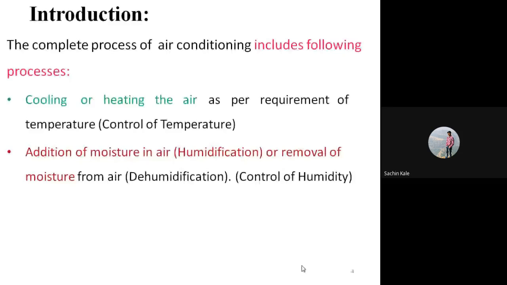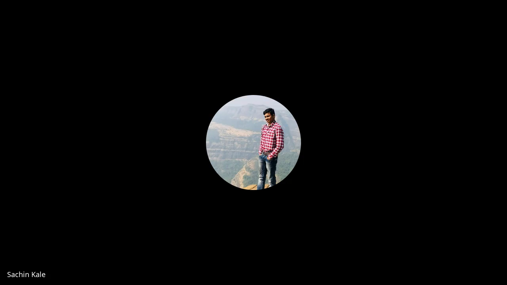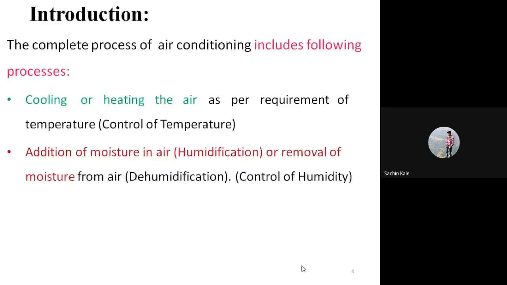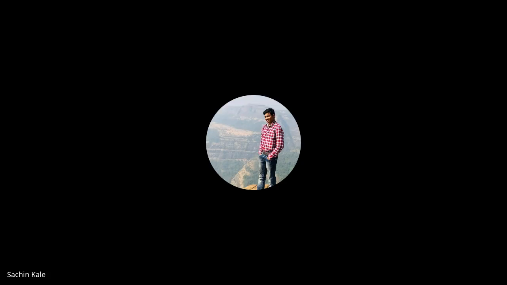Apart from this, for summer air conditioning, you have to keep one more point in mind: the relative humidity of air should not be less than 60%. This may be asked in multiple choice questions, as well as in various technical aptitude tests.